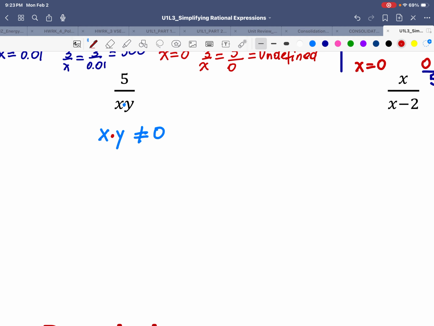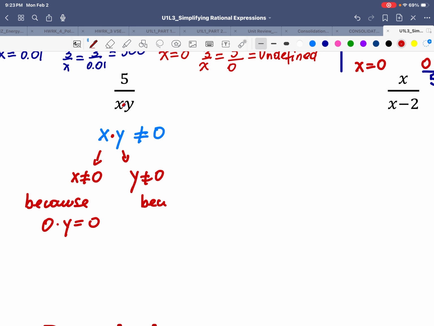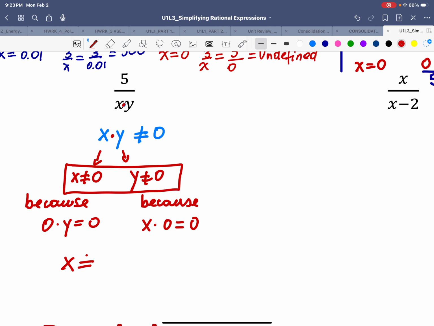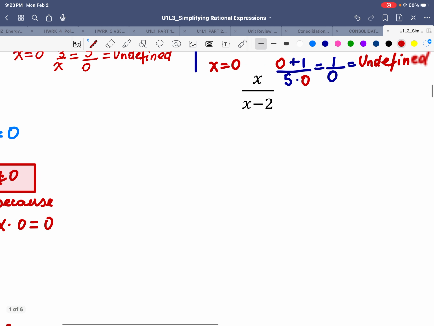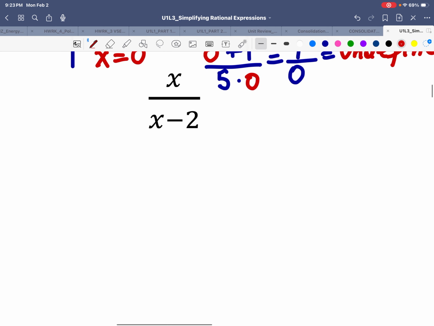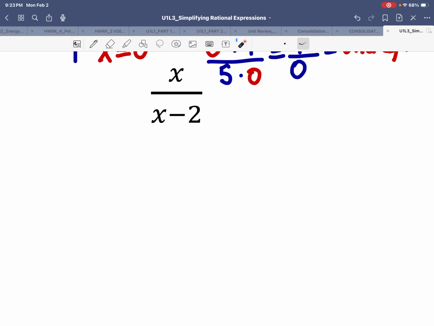What that means is that x has to be different than 0, because 0 times y will make the denominator 0, and also y has to be different than 0, because x times 0 would be equal to 0. So therefore, x different than 0 and y different than 0 are the restrictions for this particular example. Now, moving on to the next one, and you will see how quickly you're going to be at defining the restrictions.